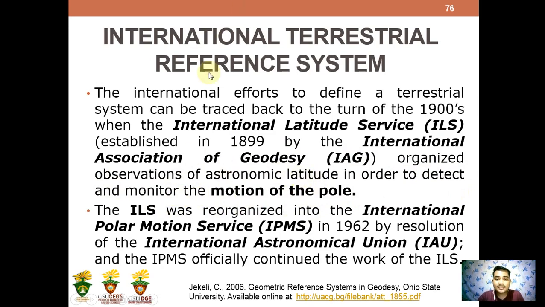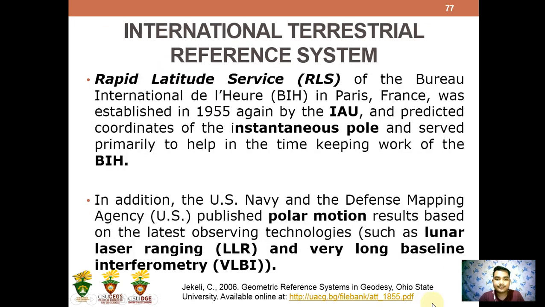Basically, it started because they were trying to observe the motions of the pole. The ILS was reorganized into the International Polar Motion Service, or IPMS, in 1962 by resolution of the International Astronomical Union, or IAU, and the IPMS officially continued the work of the ILS.